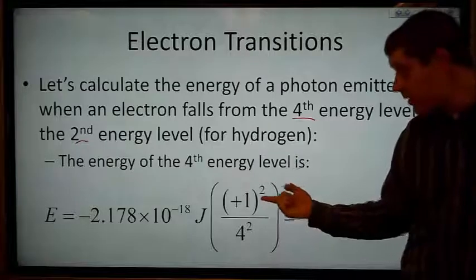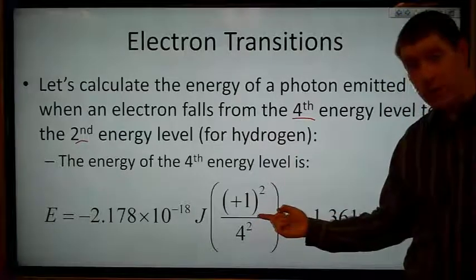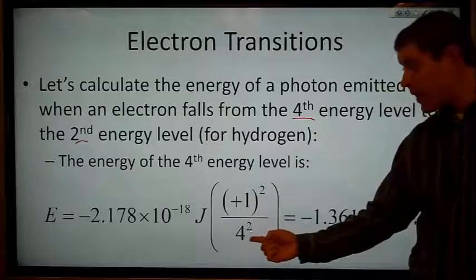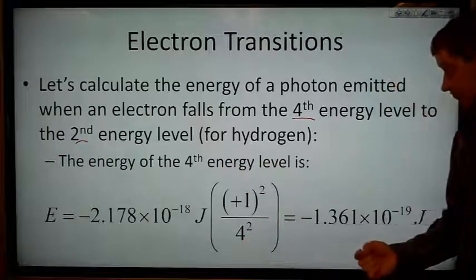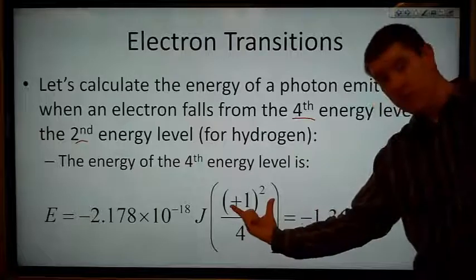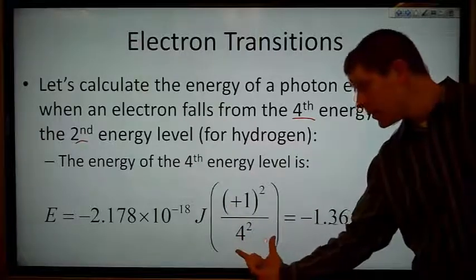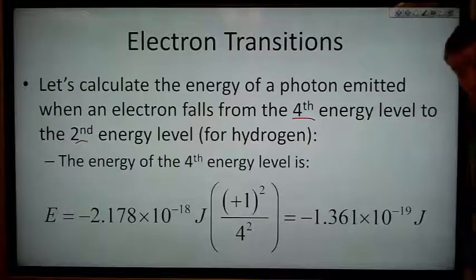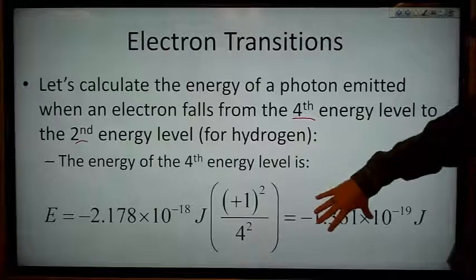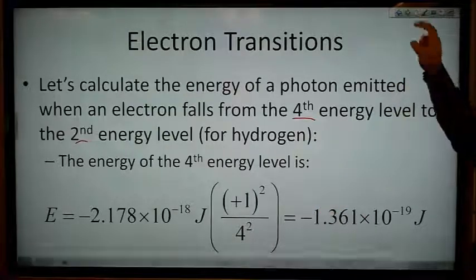Hydrogen has 1 proton, so the charge on the nucleus is plus 1 squared. Divided by the energy level, we're looking at the fourth energy level, so 4 squared. So this quantity is 1 over 16 times our energy value, which gives us minus 1.36 times 10 to the minus 19th joules. So that's the energy of the fourth energy level.